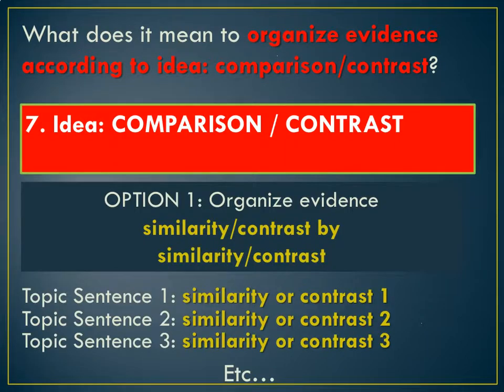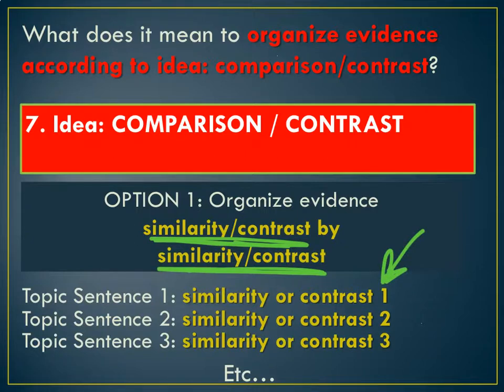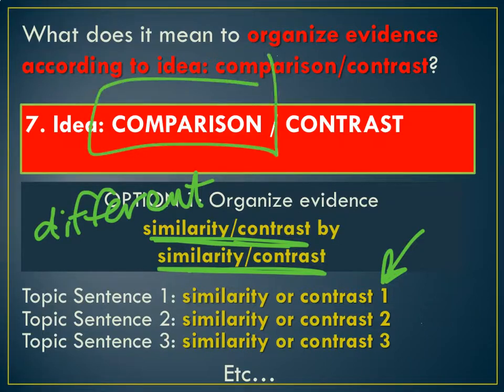Your first option is that you can organize by similarity or contrast, so that in each topic sentence you're focusing on a really specific, and I need to stress, very different similarity and or difference. And in the second topic sentence, you're going to move on to a second similarity or difference, and then a third, and so on. So this is your first option for how to organize a comparison essay.